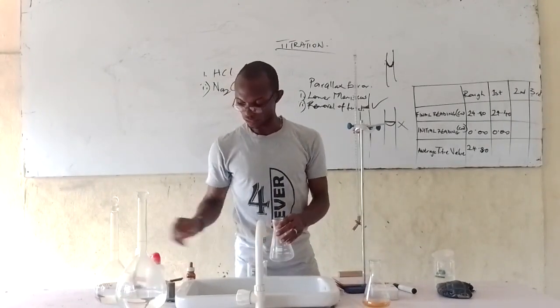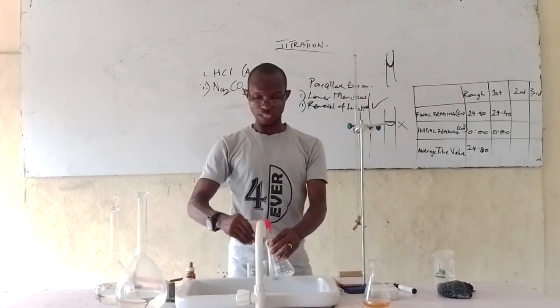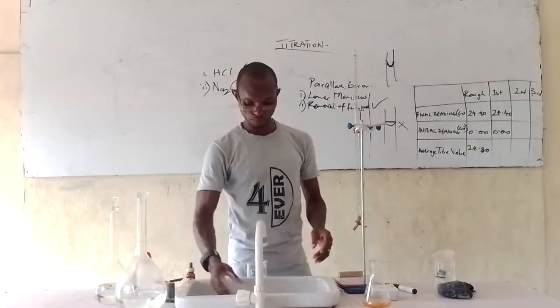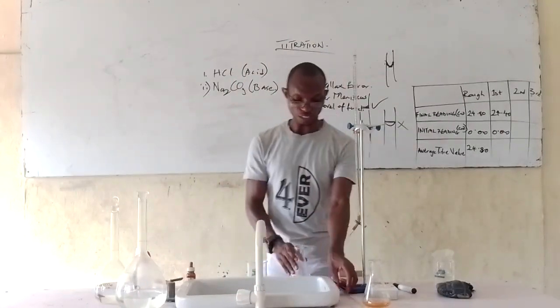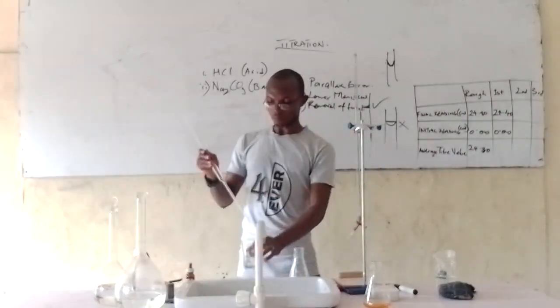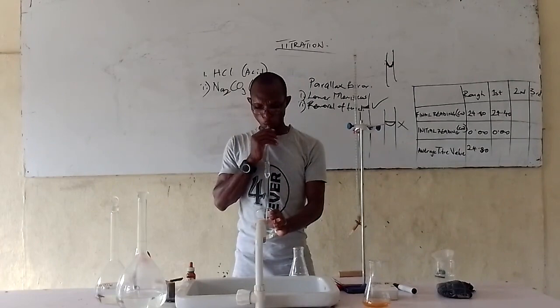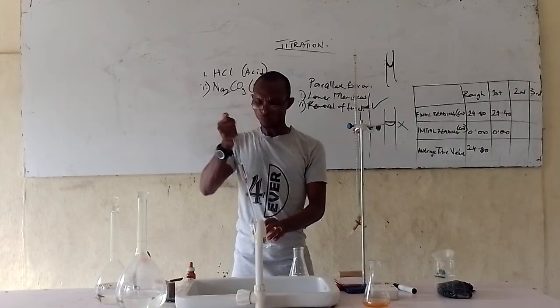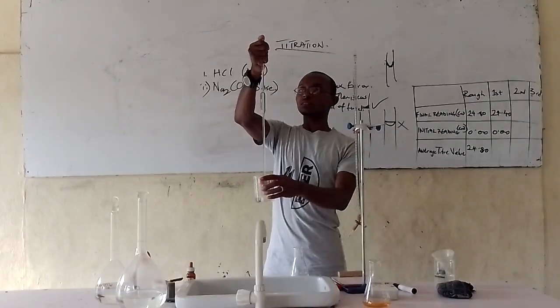I'm dispensing this. I have my wash bottle here, so let me quickly rinse this conical flask. I'm taking another measurement of my base. Alright, so I have this done.